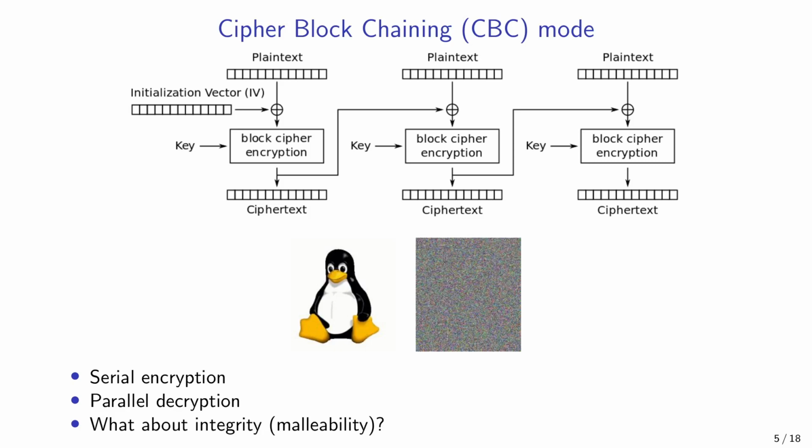Now, as you see, the block cipher works on a specific size of data, usually 16-byte blocks. What if the length of our data is shorter and does not fill up the full block size? Well, in that case, we have to pad the plaintext. And there are several ways to pad the plaintext.